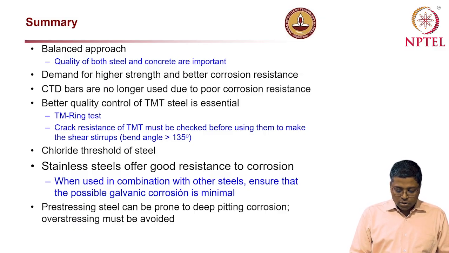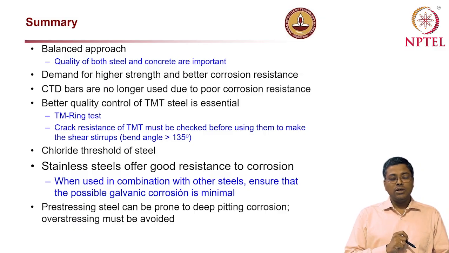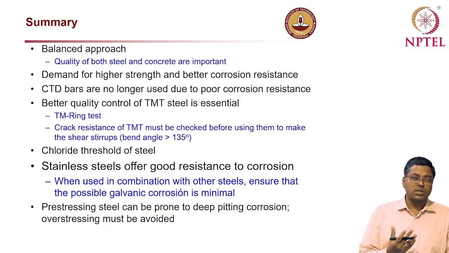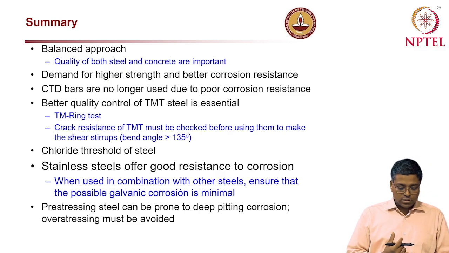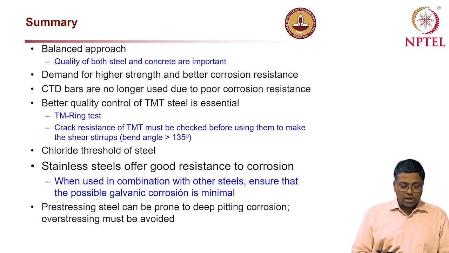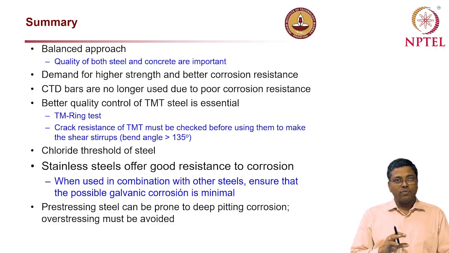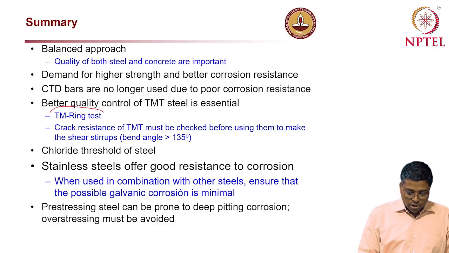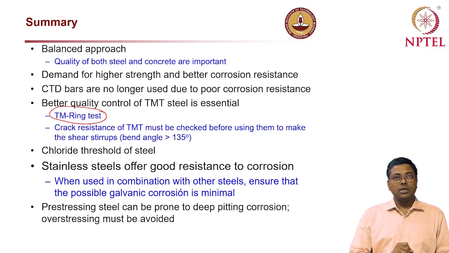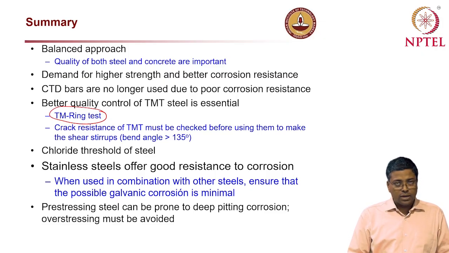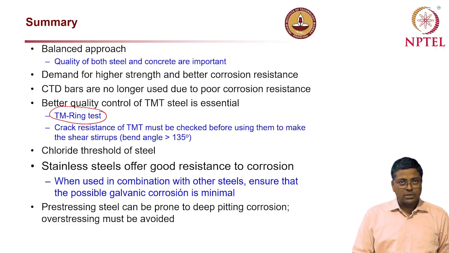Now better quality control of TMT steel is essential. Lot of products are available in the market, but when we really look at the cross section or the composite structure of the TMT steel, we find many products are not meeting the requirement of having a very good TM or tempered martensite ring, so we recommend the TM ring test in addition to the tensile strength test or mechanical tests on mechanical characteristics.